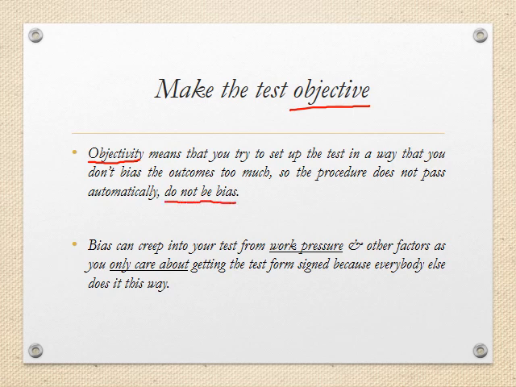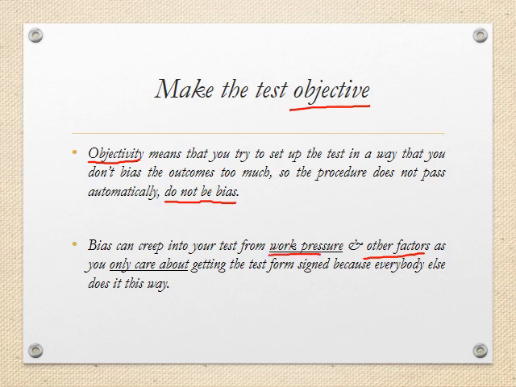Do not be biased. Bias can creep into your test from work pressure or other factors, as you only care about getting the test form signed because everybody else does it this way. Sometimes you might be biased when you test your document for many reasons.